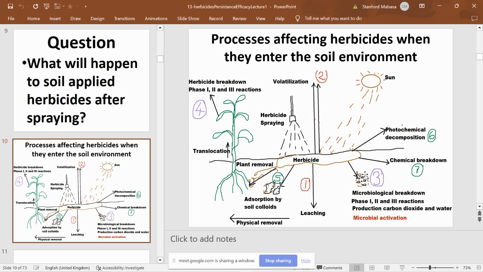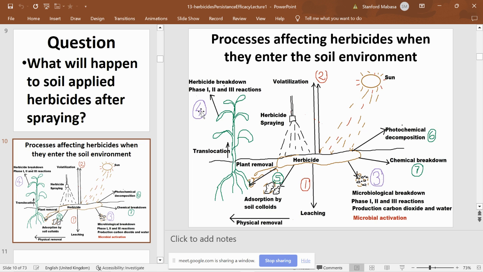They use enzymes like cytochrome P450. They may also have glutathiones, which can conjugate these pesticides. They also have glucose, which can also participate. In fact, all that we talked about under selectivity, phase 1, phase 2, phase 3, can also occur under microbiological breakdown, which is number 3.